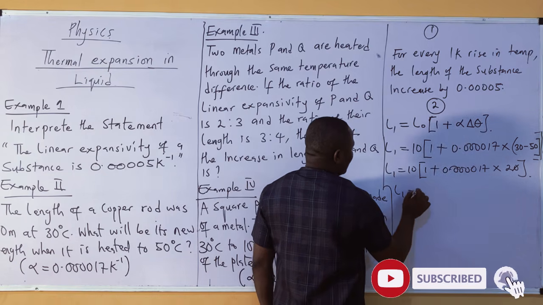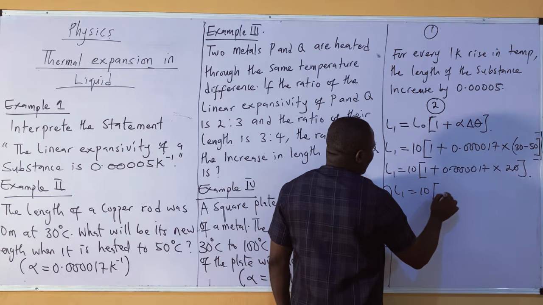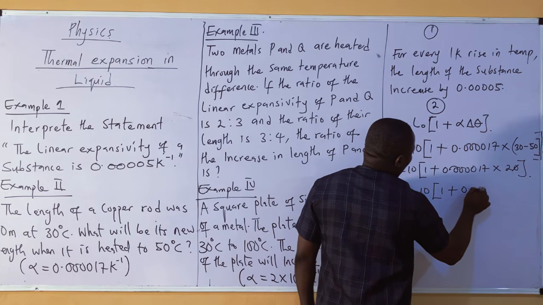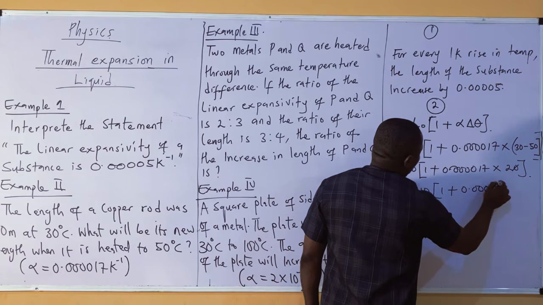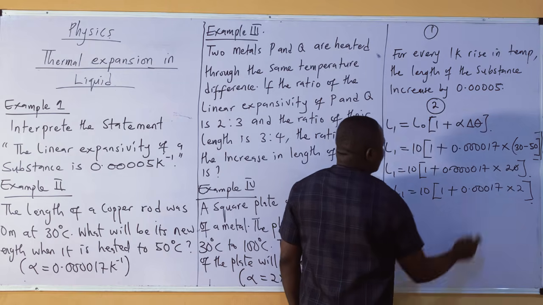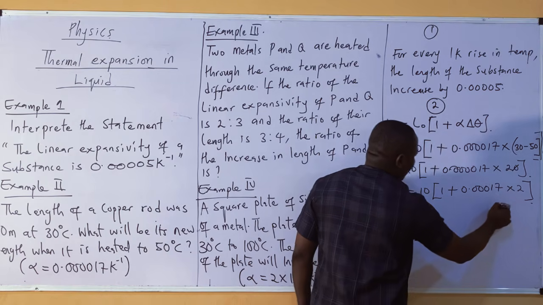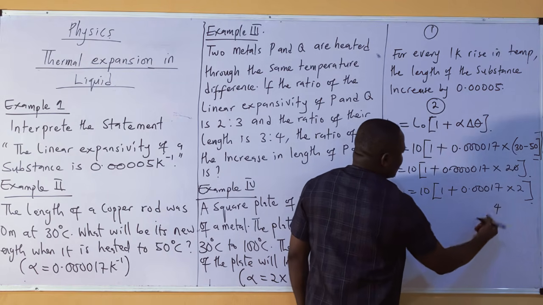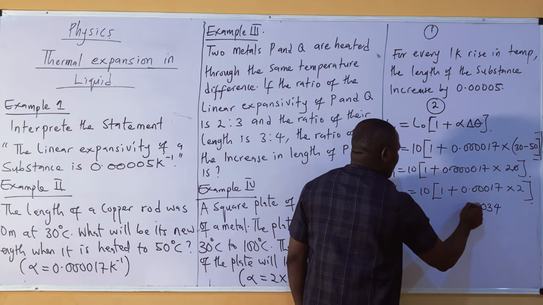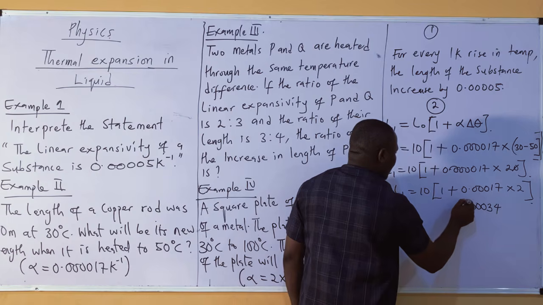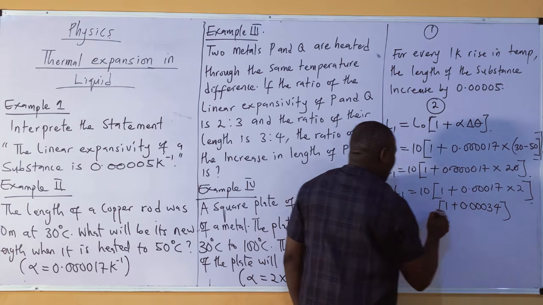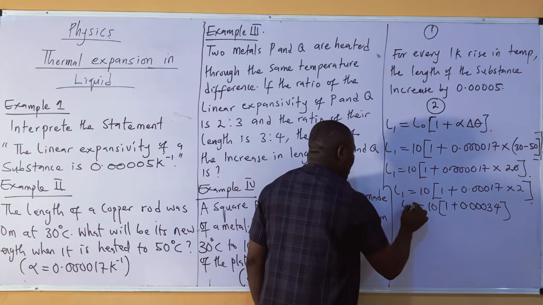So I have L1 equal to 10, open bracket 1 plus, this will now be 0.000017 times 20. So I have 0.00034, then 1 plus that, all in bracket, times 10 equals L1.